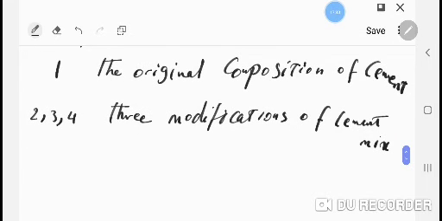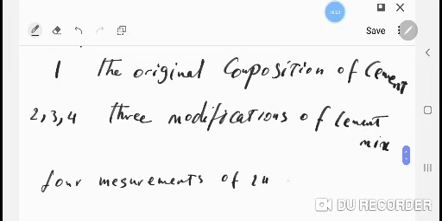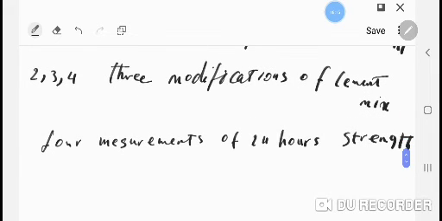And for measurement, for example, measurements of 24 hours strength are made on each product.